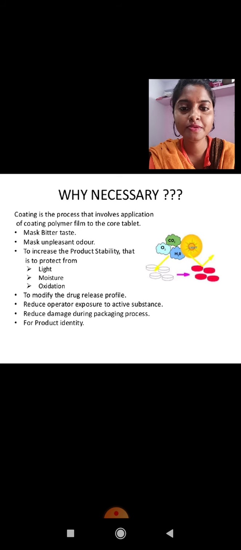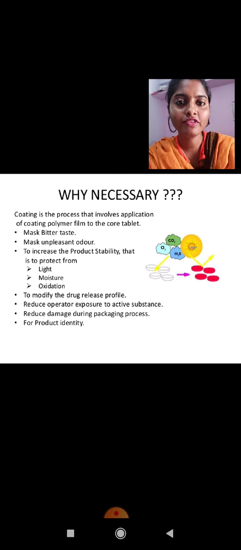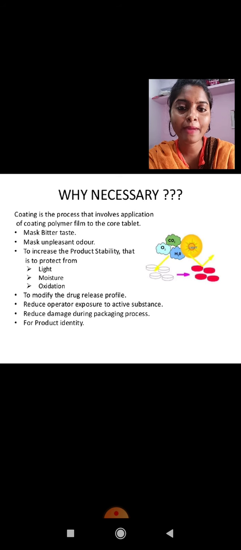And also to reduce operator exposure to active substances, and to reduce the damage during the packaging process, and for product identity. The coating material is protective, so it protects the tablet during the packaging process.